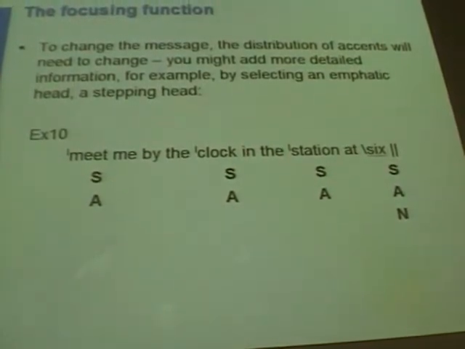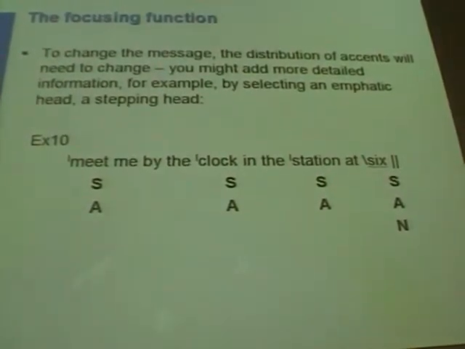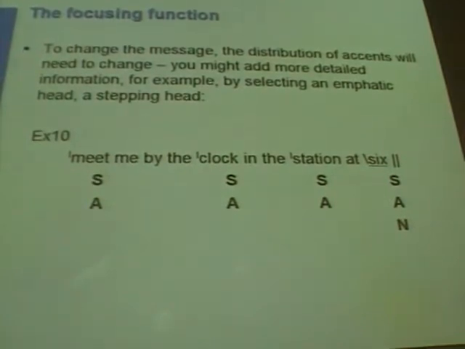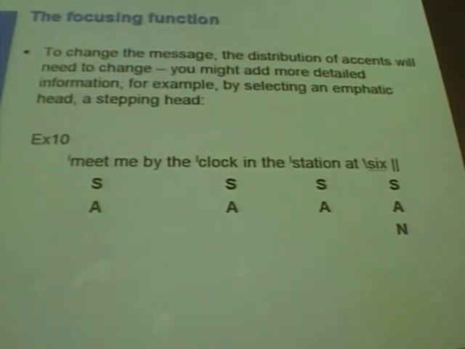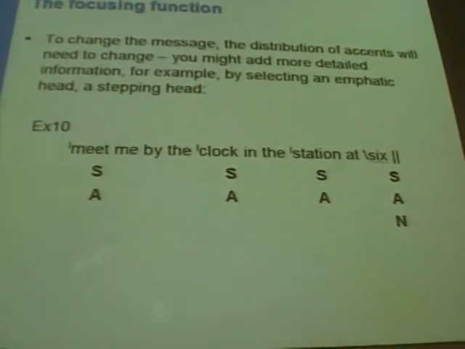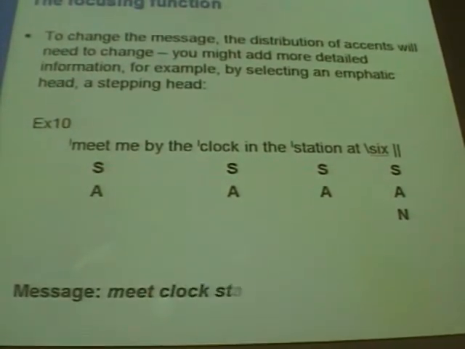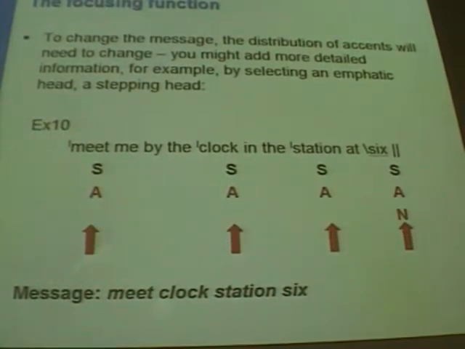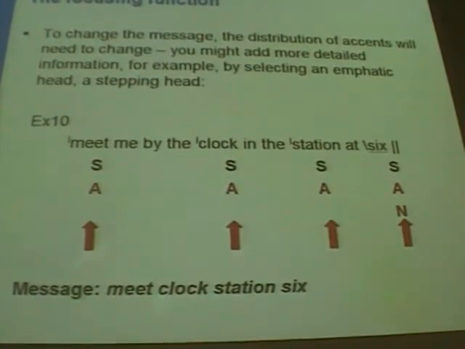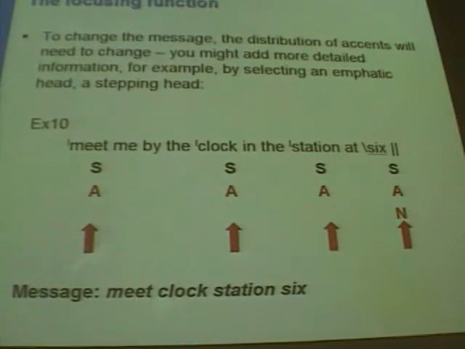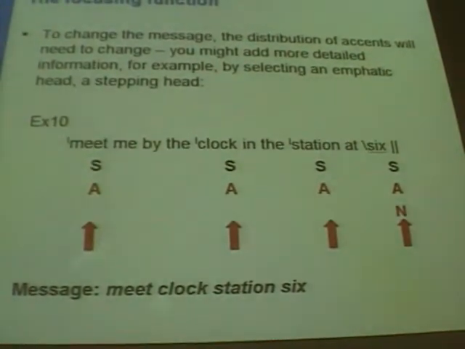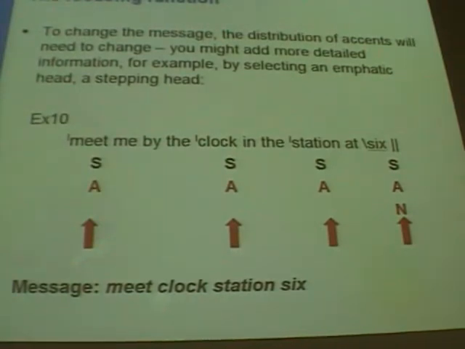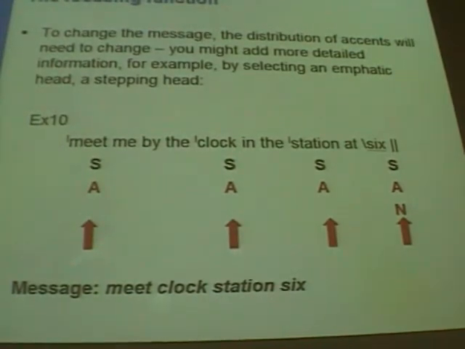Three pre-nuclear ones, each on a new, audibly different level, and the nucleus itself. The message now, therefore, is much more expensive. Meet clock station 6. Each of those accents is something I'm going to need to put in to my text or my telegram. Meet clock station 6. Meet me by the clock in the station at 6.